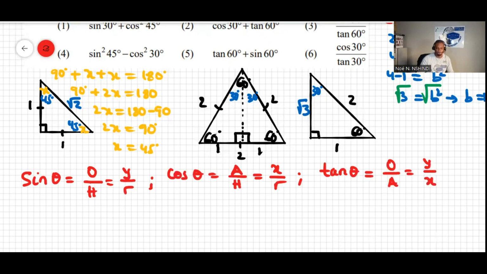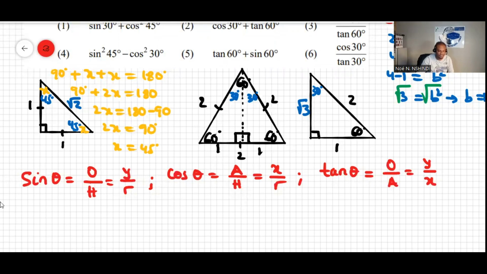Okay. Now, I want you to notice something. Let's consider this first triangle here. Let's start with the 30 degrees angle, because it's a smaller one.